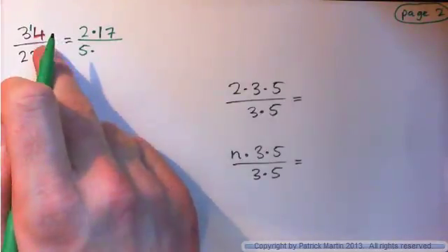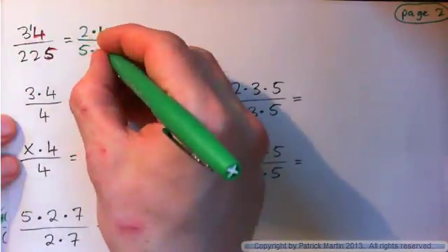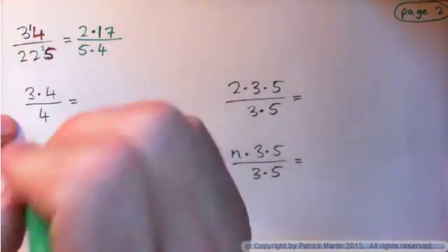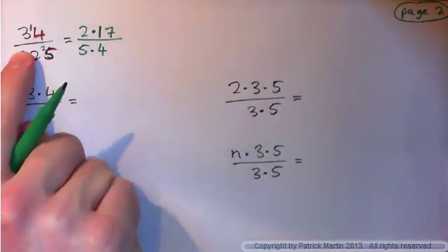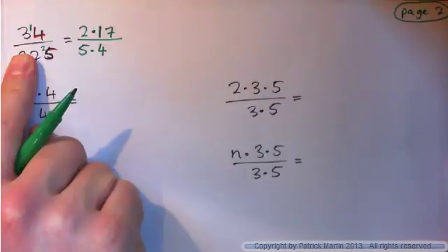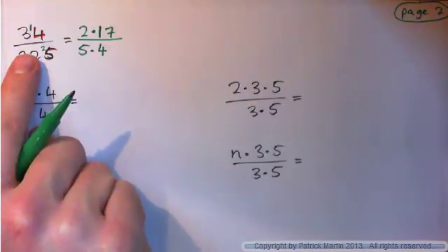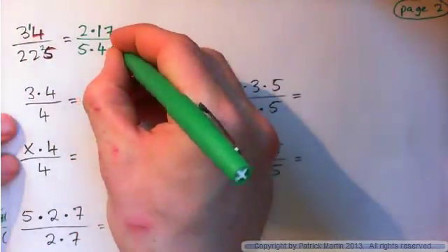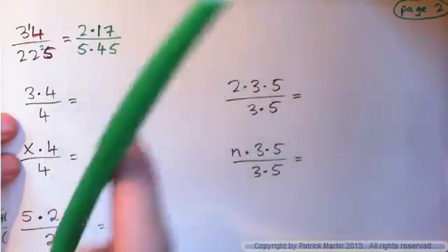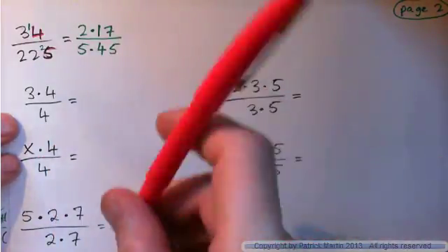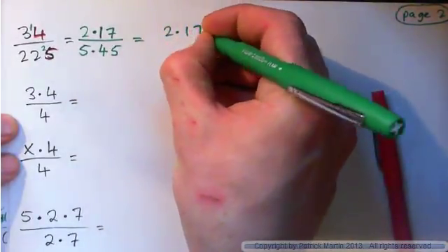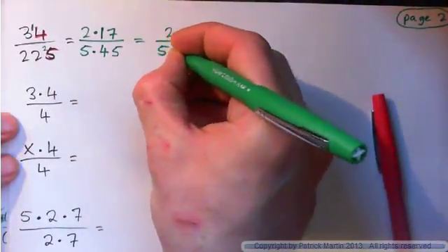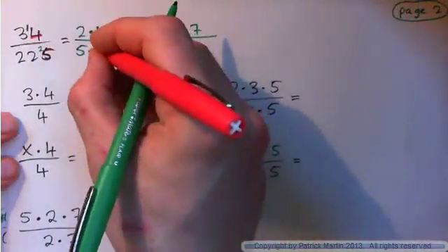Now 5 into 22 goes 4 times, remainder 2. 5 into 25 goes 5 times. And let's see what we have now. 2 times 17, and on the bottom 5 times, and I guess I can break down the 45.